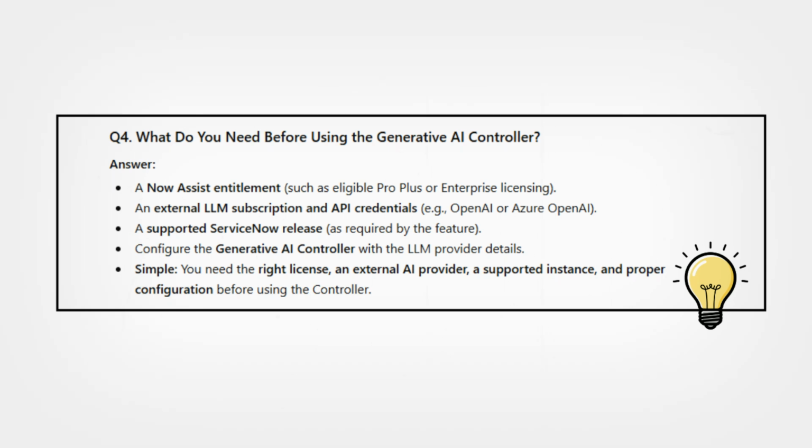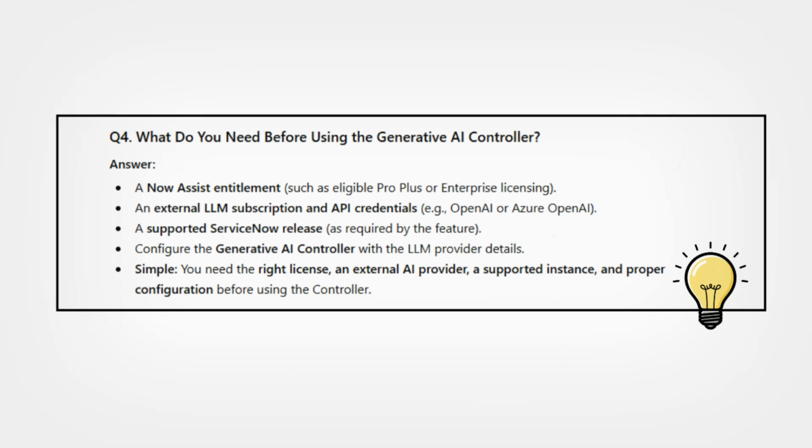Okay. Second thing is you need a license and API key for external LLM providers you want to connect to, whether it is OpenAI, Azure AI, or anything. Okay. So you need license and API key information. Third one is your ServiceNow instance must be on the right family and patch level that supports generative AI controller or all this LLM stuff.